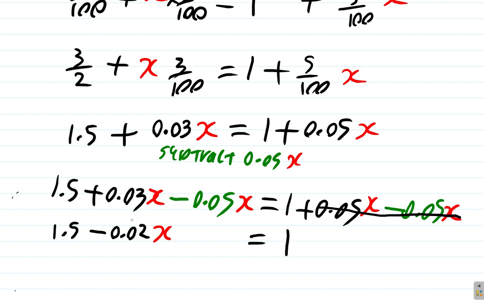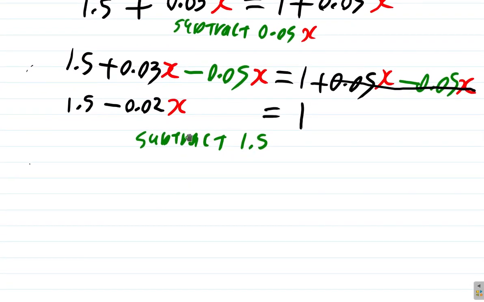Now, we need to deal with that 1.5 over here. So we subtract 1.5. And remember, you have to do it to both sides. Anything you do to one side of the equation, you must do it to the next side as well. So you have 1.5 minus 0.02x equals 1.